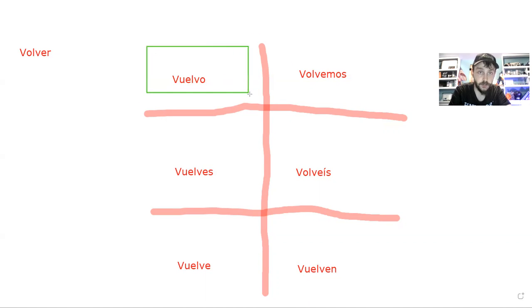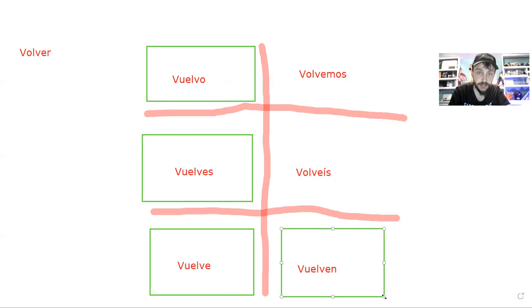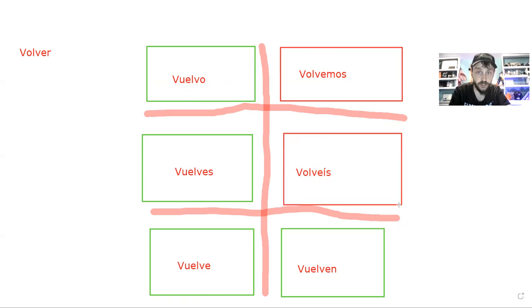So notice the stem changes here, here, here, and here. And then I'm going to mark in a different color where there's no stem changes. I'm just giving you guys a little heads up where the stem changes occur.